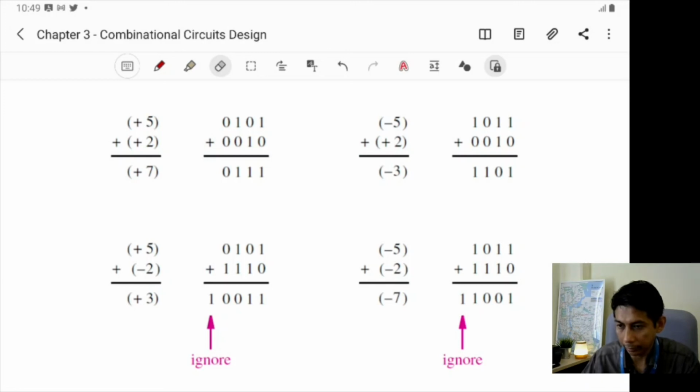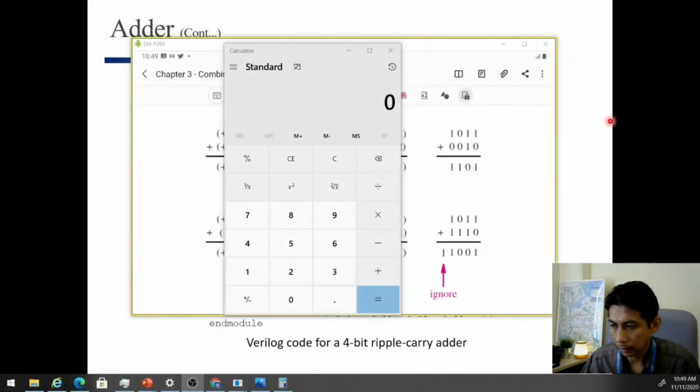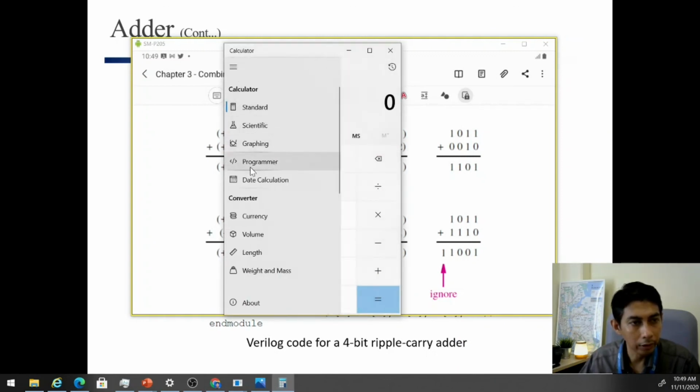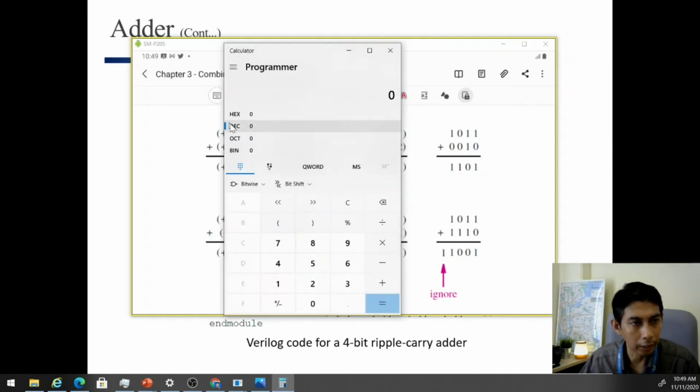let's look at this example. Look at your calculator if you have one. In this case, I use the computer calculator. Okay, can you see the screen? When we change to programmer mode, we have number representation here.